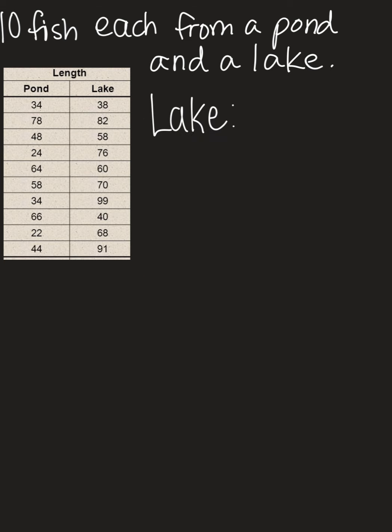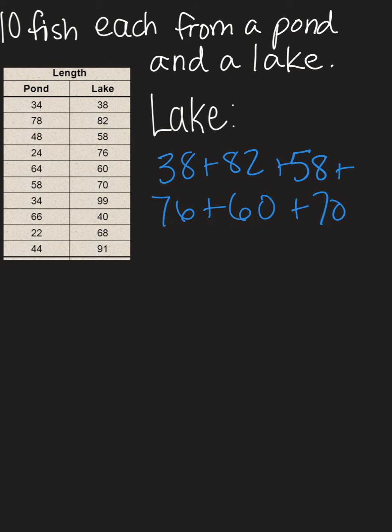In the lake, we have a slightly different set of data. So I'm going to, again, add everything up. 38 plus 82 plus 58 plus 76 plus 60 plus 70 plus 99 plus 40 plus 68 plus 91, which is 682 centimeters.